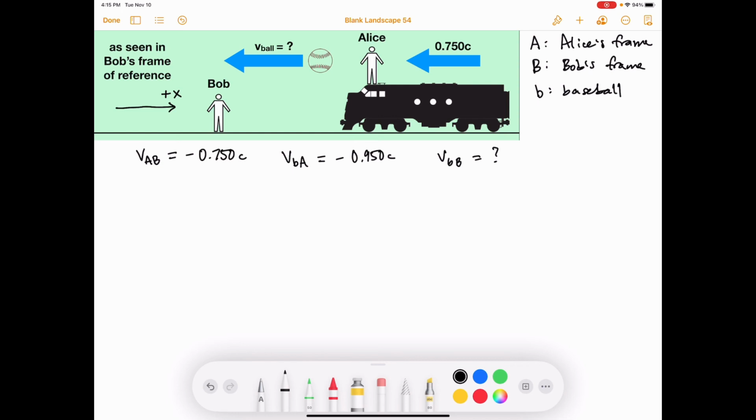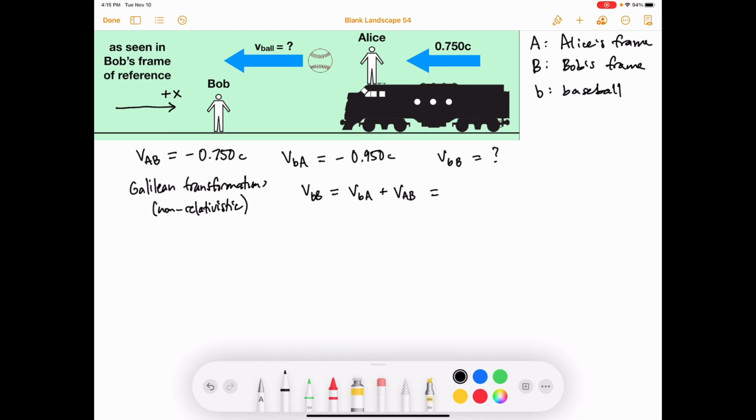Now, if we were to do this using the Galilean transformations, so these are non-relativistic, well, what we would basically do is say the velocity of the ball relative to Bob equals the velocity of the ball relative to Alice plus the velocity of Alice relative to Bob. We'd simply be adding the two velocities.